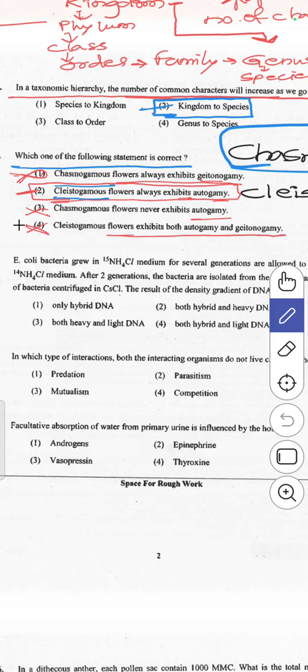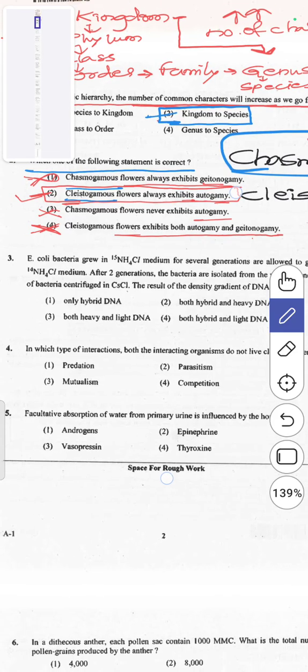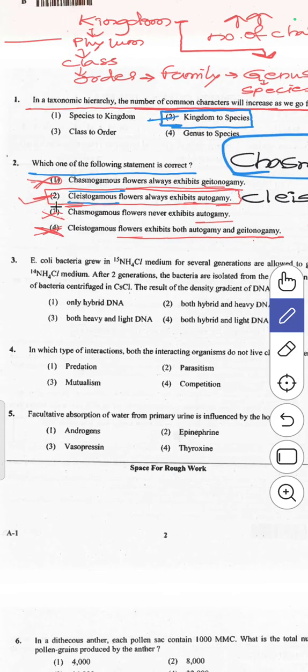No, cleistogamy can only undergo autogamy, not geitonogamy. So for this question, that is for second one, the second option is the right answer, as they have given cleistogamous flowers always exhibit autogamy.